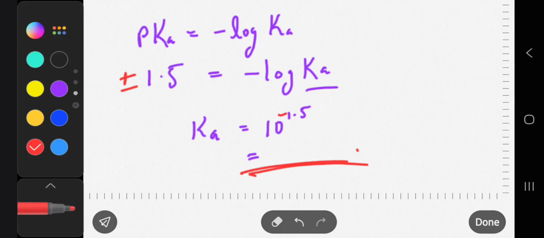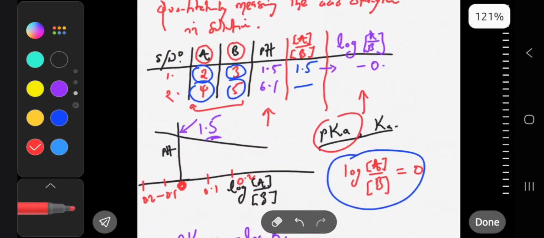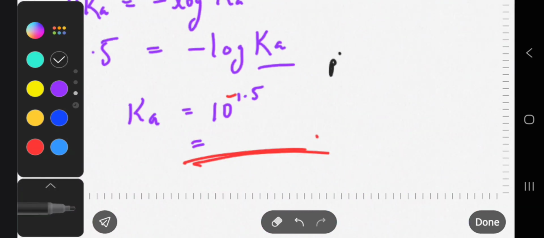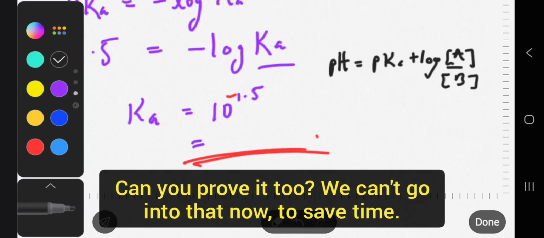So that's basically it. And we got this expression from the general equation that looks like this: pH equals pKa plus log A over B. You should see that expression from your manual. I saw that expression there. So you should know how we come about this, right?